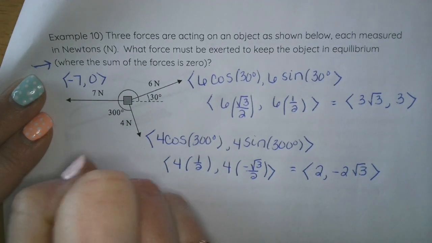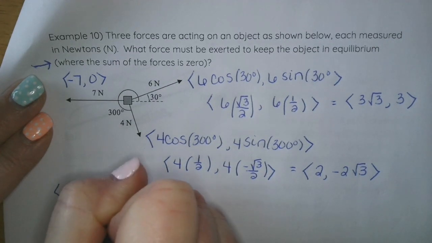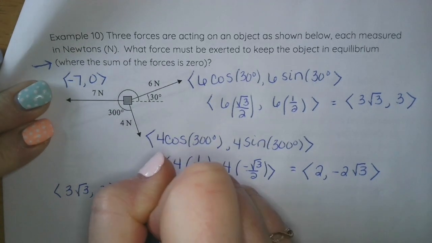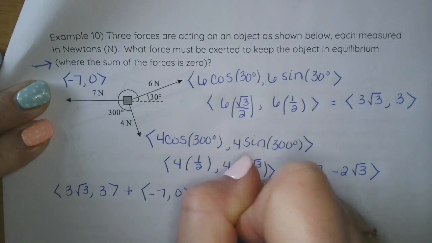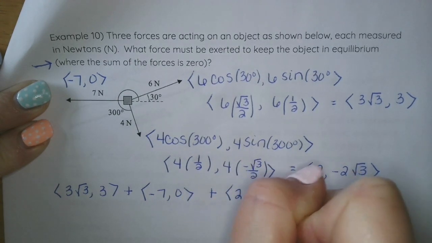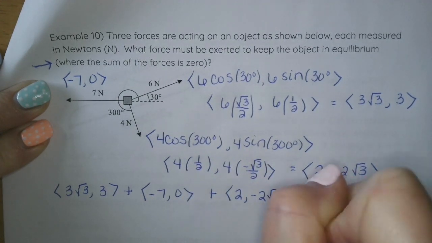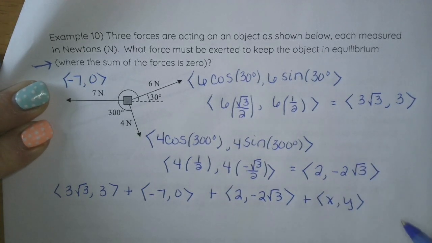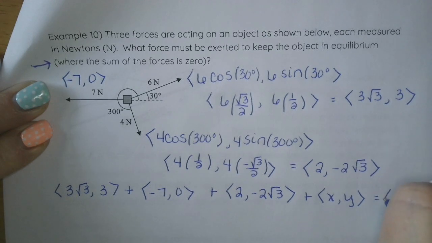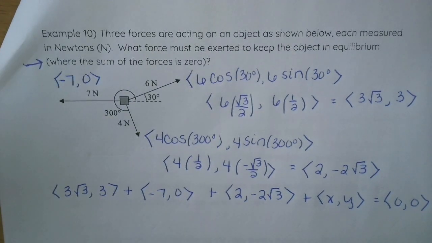Therefore, I'll add 3 square root 3, 3, plus negative 7, 0, plus 2, negative 2 square root 3, plus our unknown force, we're not sure what that is yet, but we're going to solve for that, is equal to 0, because all the forces added together are 0.